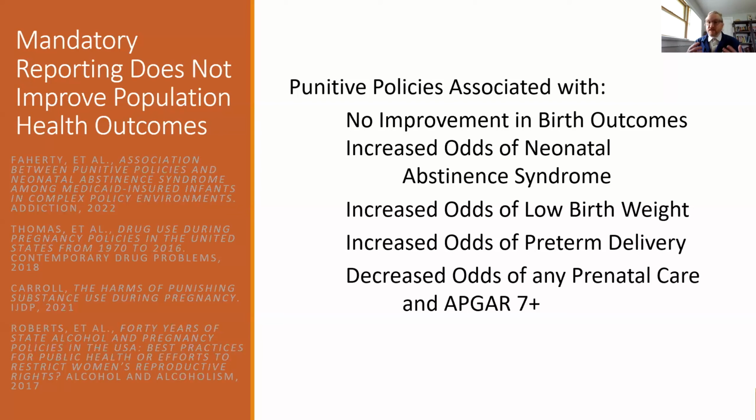And punitive policies in general, which include not just mandatory reporting, but coerced treatment and the statutory designation of drug use in pregnancy as child abuse, are associated at the population state level with no improvements in birth outcomes. In fact, with an increase in the odds of neonatal abstinence syndrome, an increase in the odds of low birth weight, increase in the odds of preterm delivery, and a decrease in the odds of any prenatal care.